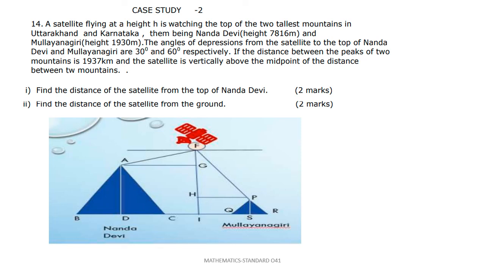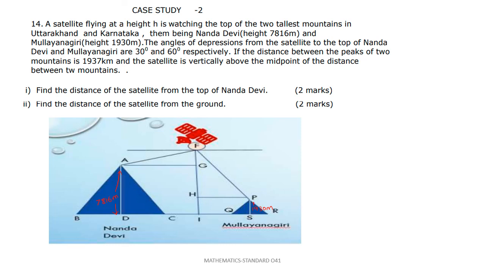So whenever we are reading, let's write what is given also. So this height is 708.16 meter and Mullayanagiri at a height of 1930 meter.